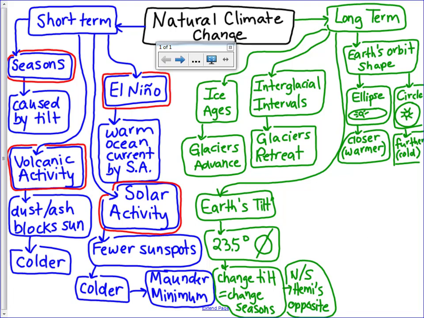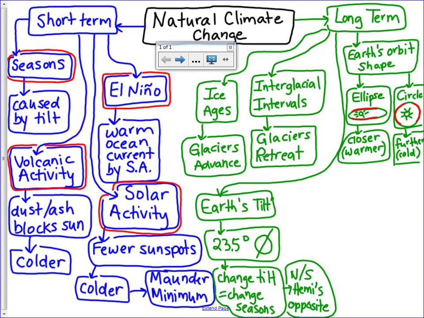And just in case you can't see that, think about the Earth moving around the sun, especially this portion of the path, this portion of the path. It would be closer to the sun than, say, here, where it's a more even distance all the way around, but it's a further distance away.